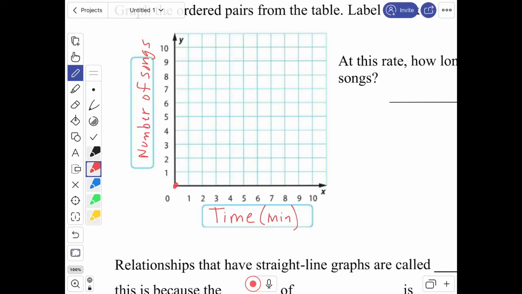And the first one said 0 minutes, 0 songs, so we're going to put a dot there. The next one said 1 minute, 2 songs. The next one said 2 minutes and 4 songs. So I'm going to go over how many minutes and up to how many songs.